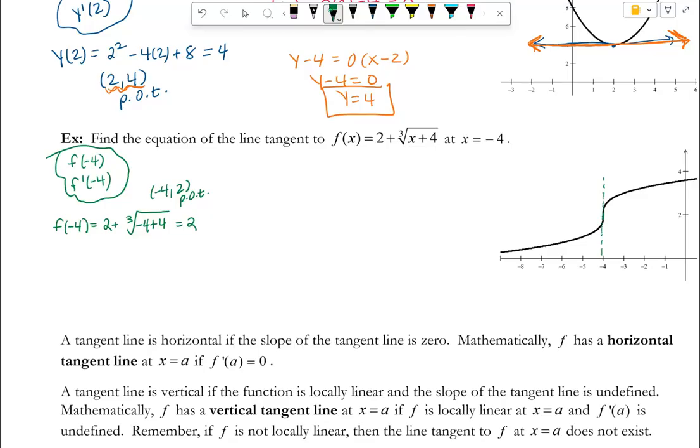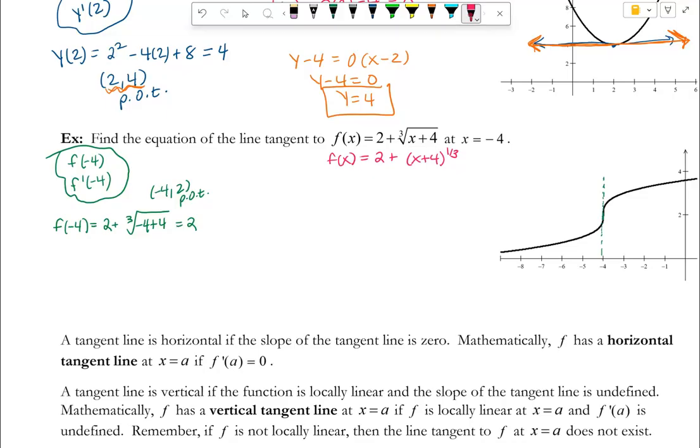So now finding f prime of x, I might first rewrite f of x to have a power, x plus 4 to the 1/3 power, instead of the cube root there. Because again, I don't have a derivative rule for radicals, I have a derivative rule for powers.